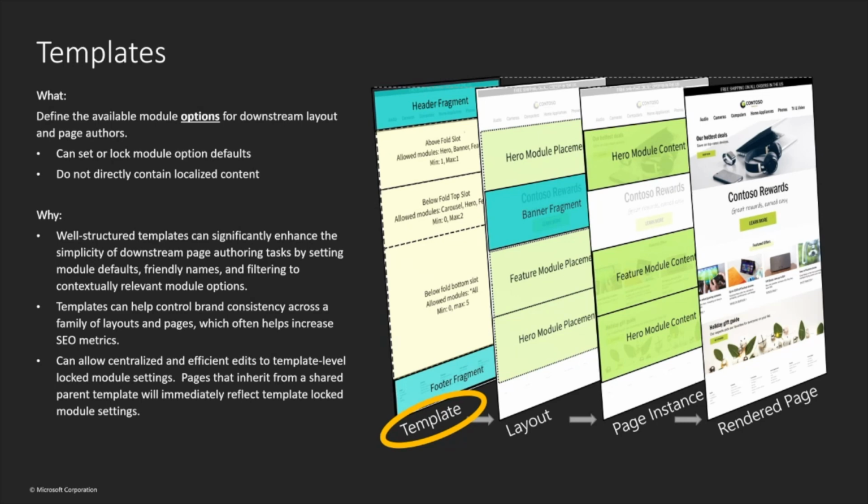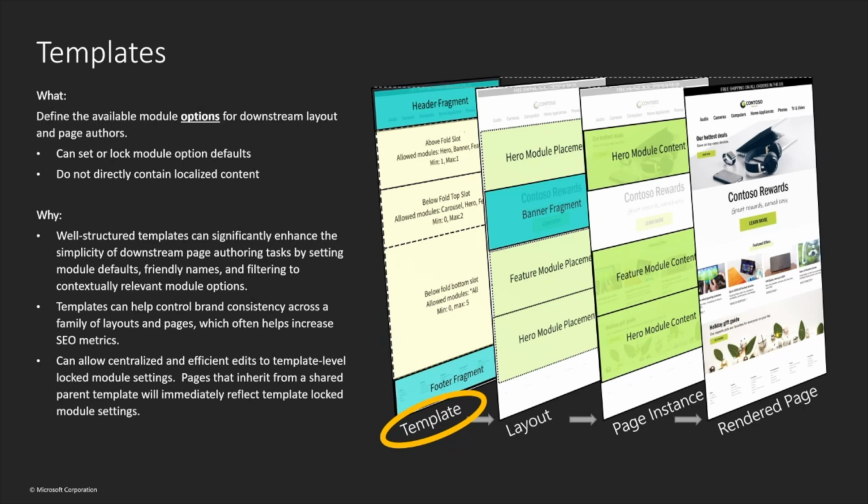So instead of just letting content authors always do whatever they want, building a page from anything in the system and making them sift through 100 different modules each time with different defaults, you can set up templates to streamline that workflow and also help keep a particular website on brand so that you don't have 50 different layouts of pages that would confuse a lot of your users.